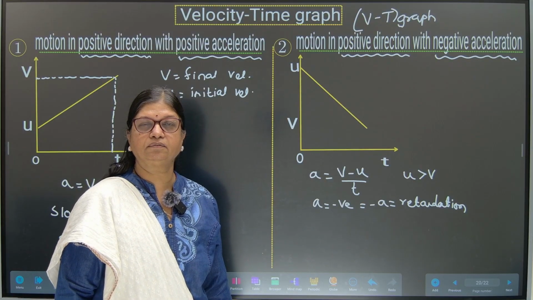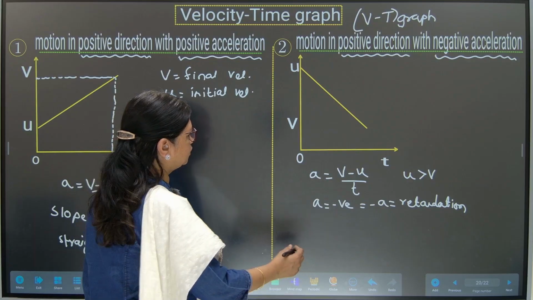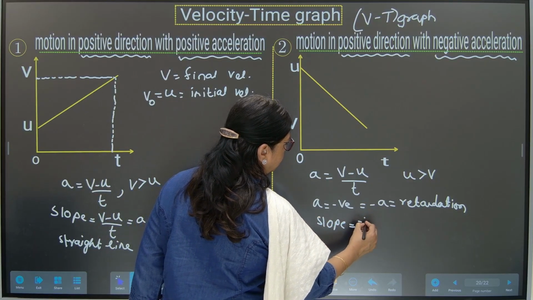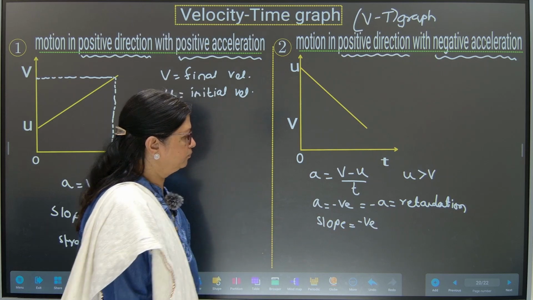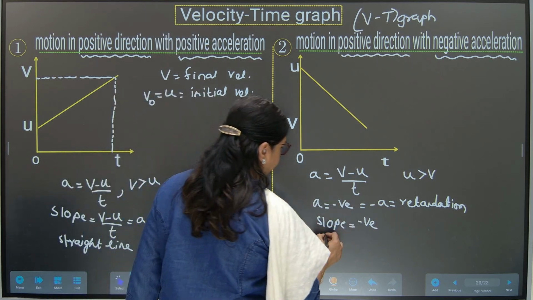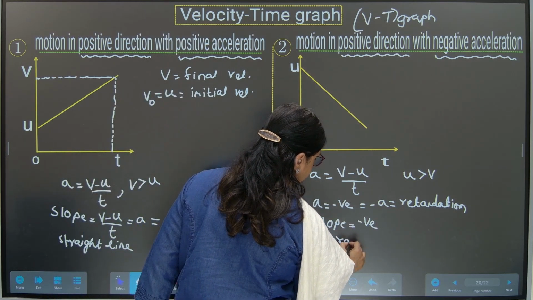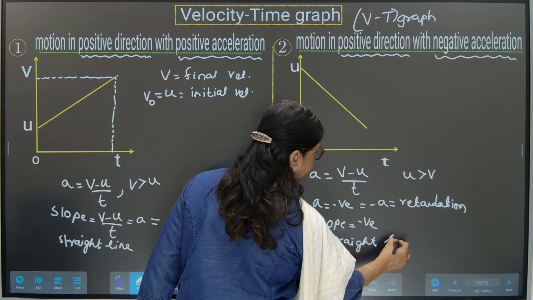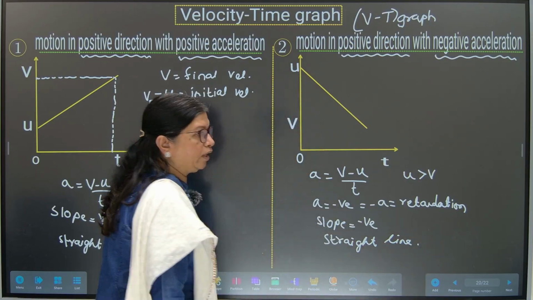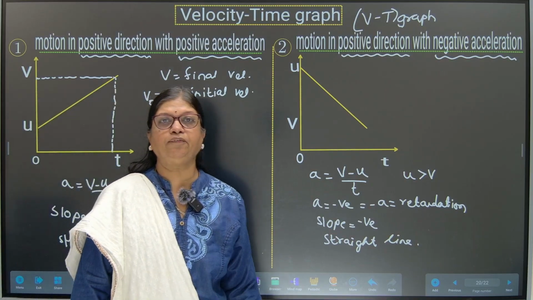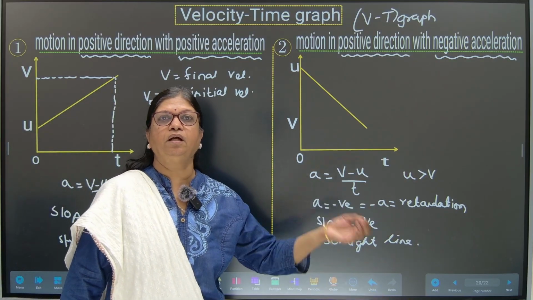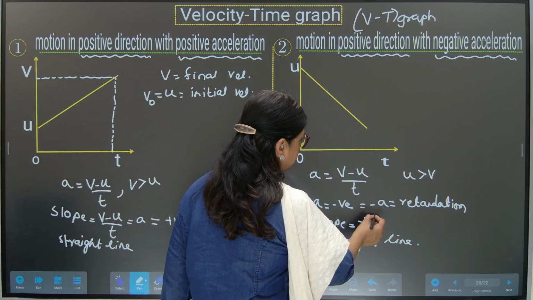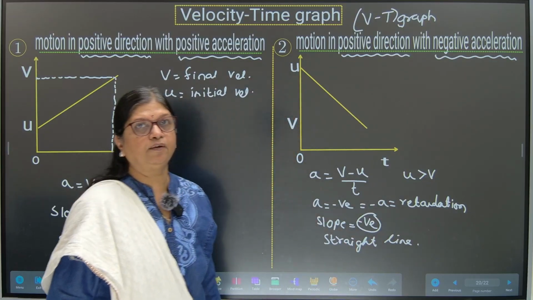Fine. Okay. So the slope is also negative and the graph is a straight line graph. Okay. If I find out the slope here, I will get a negative slope as I have written here. Fine.